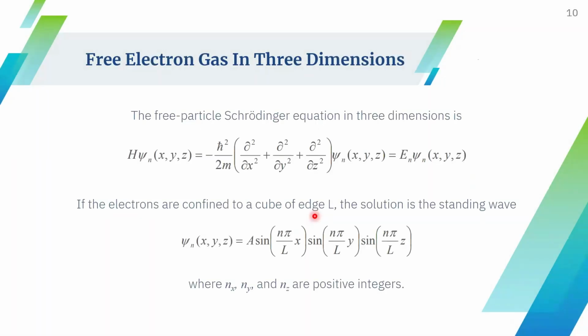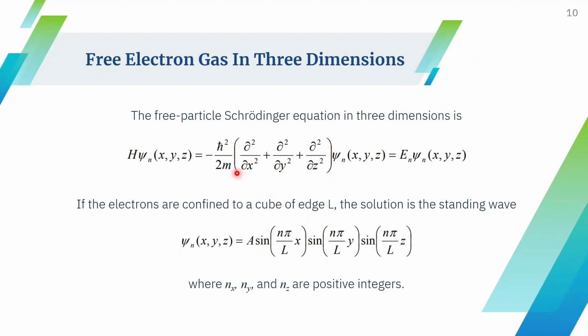Yes, now from the previous graph, we saw that it gives way to three dimensions. So we are now coming to the free electron gas in three dimensions. Discussing that, the first thing we have to consider is the free particle Schrodinger equation in three dimensions, which is x, y, and z.